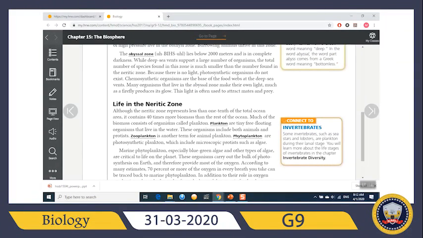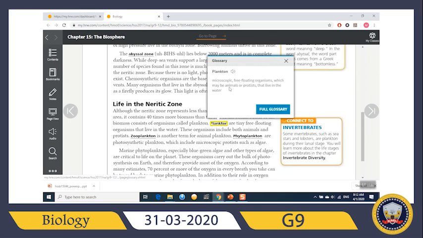Now, life in the neritic zone. In the neritic zone, we will find plankton, zooplankton, and phytoplankton. What is plankton? Plankton are microscopic free-floating organisms, which may be animals or protists, that live in the water.